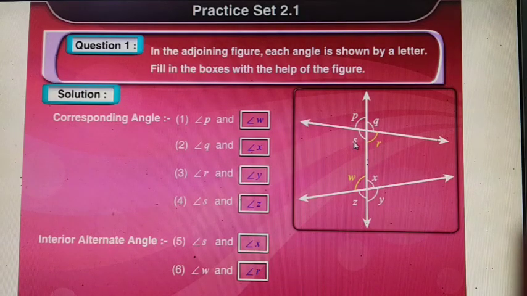But angle S is, and angle Z is formed. That means angle S and angle X are interior alternate angles. Here also angle R and angle W will be interior alternate angles.